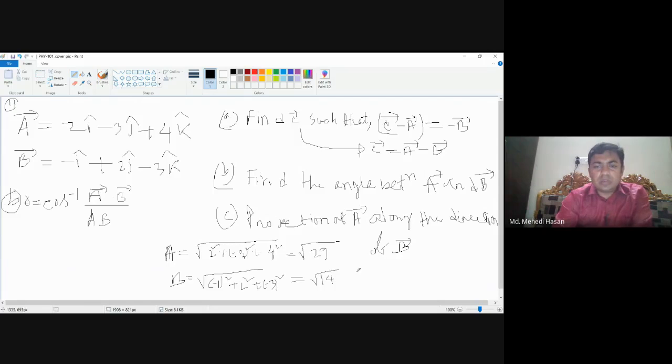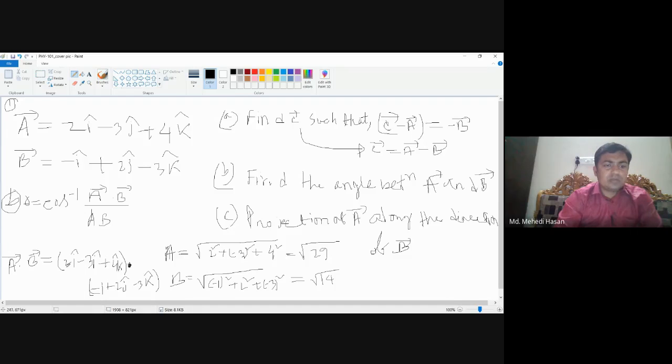And in case of dot product, how can we find out the dot product? So a dot b is equal to basically 2i minus 3j plus 4k dot minus i plus 2j minus 3k. In this case, if we multiply 3 quantities with 3 quantities, then the result will be 9 terms.